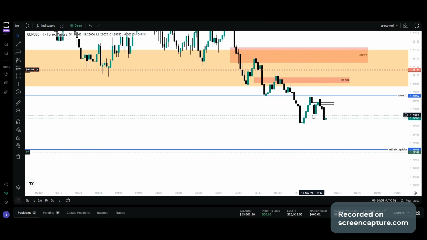All right, so we got our closure below this short-term low. So now I don't want to see price get back above this liquidity void that's in premium of this range. We got 6 minutes until 9:30 equities open.